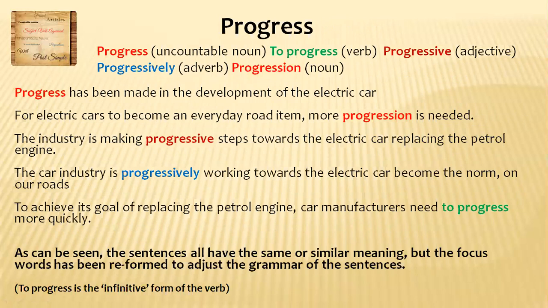So, progress, here we have 5 forms. We have progress, which is an uncountable noun, to progress, which is a verb, here in infinitive form with the to added. Progressive is an adjective. Progressively is an adverb. Progression is a noun.